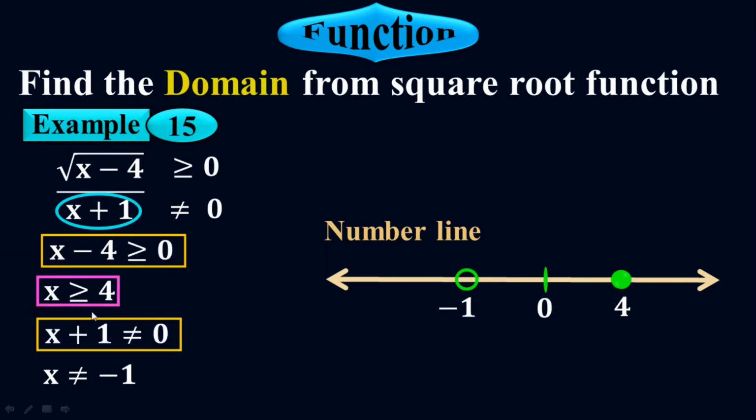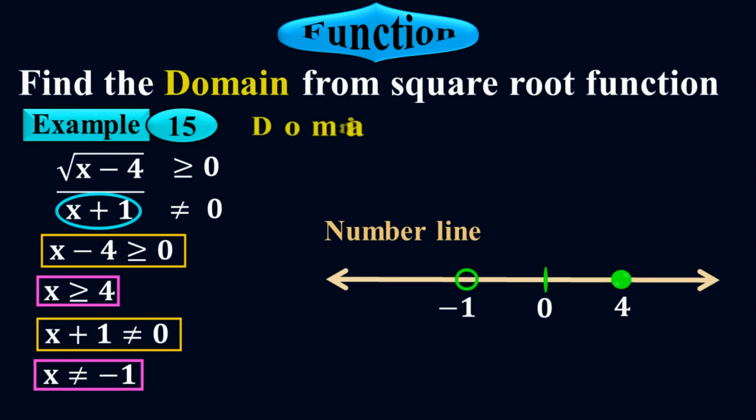Because there is an equality sign, x is equal to or greater than 4, which means that 4 has been included. Therefore I have a filled-in circle on the number line. I have an empty circle for negative 1 on the number line because the condition says that x cannot be equal to negative 1. So negative 1 has been excluded. And therefore I have an empty circle for negative 1 on the number line.